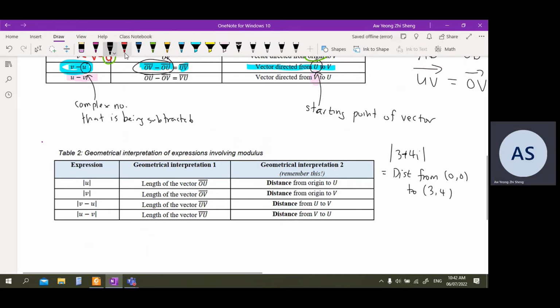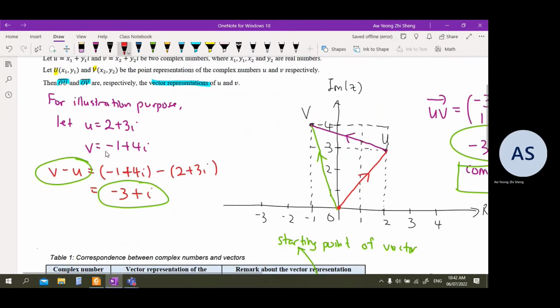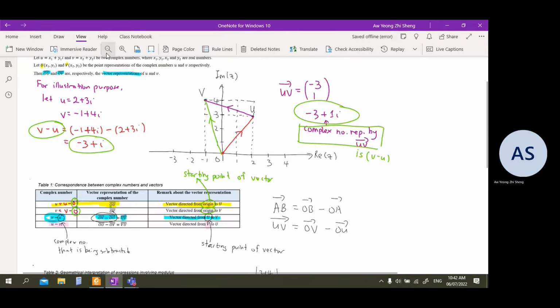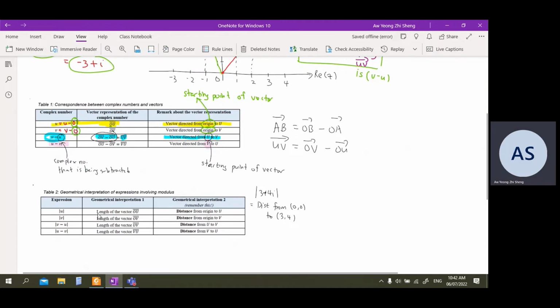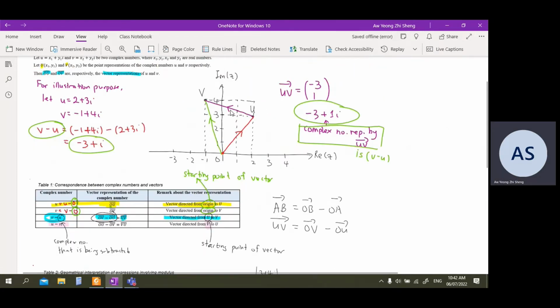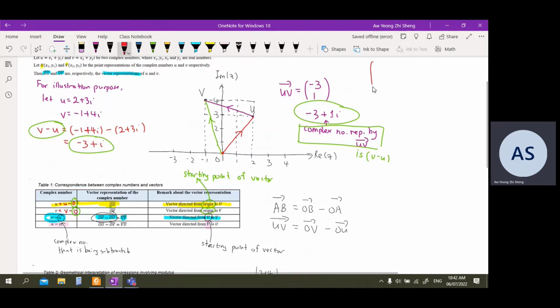So, referring to our U and V in our discussion here, the modulus of U is just the length of the vector OU, which is the length of my red colored vector in the diagram. If we calculate it using the formula for modulus that we have already learned, the modulus of U, according to our example, is the modulus of 2 plus 3i.